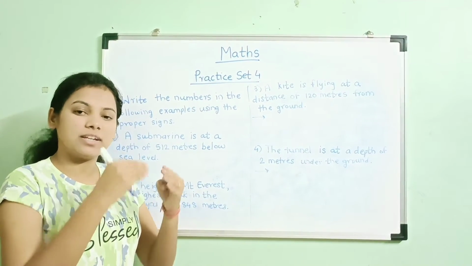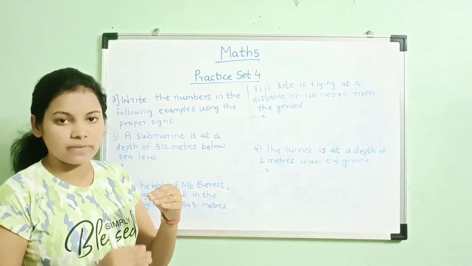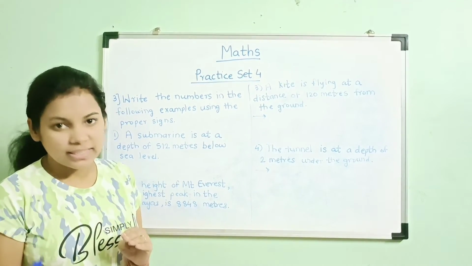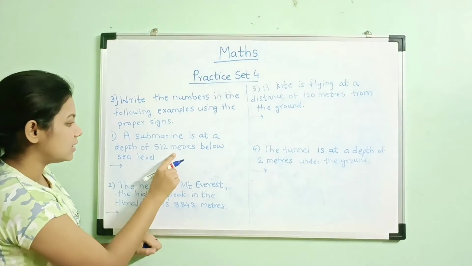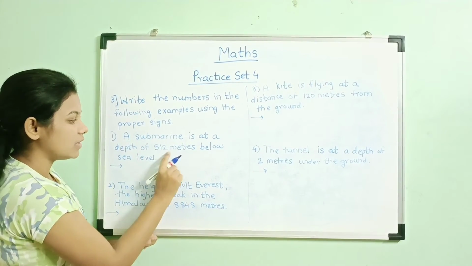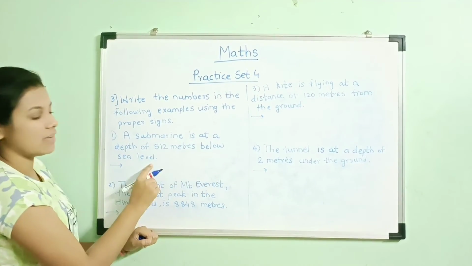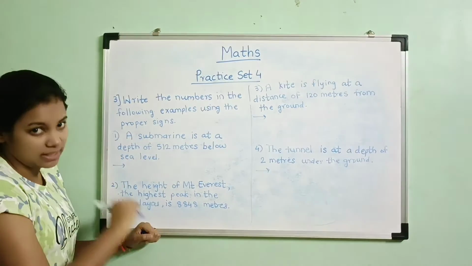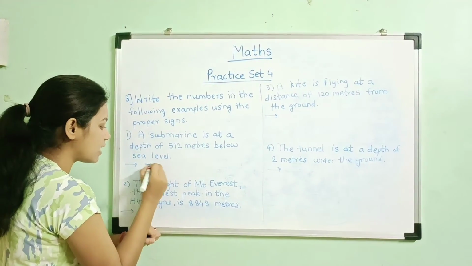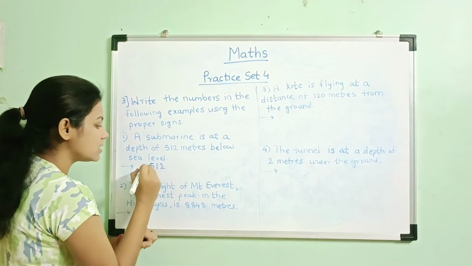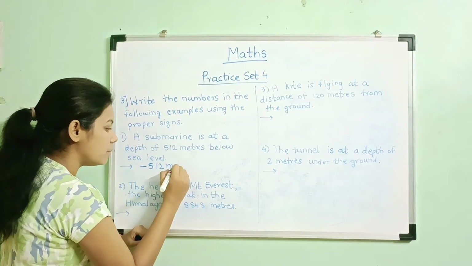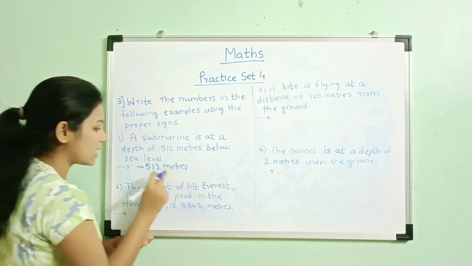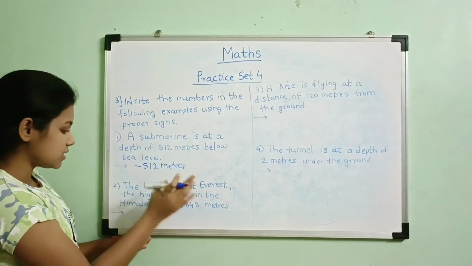And if you are considering below sea level or below ground level, then we will give a negative sign. Here 512 meters below sea level, obviously means a negative sign, so we write this as minus 512 meters. Okay, you can simply write meters as small m.